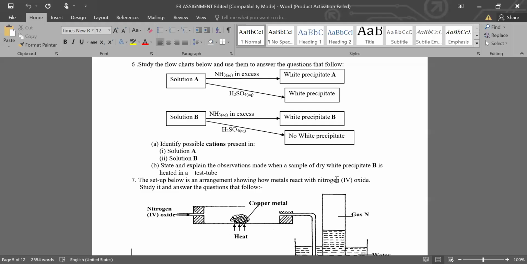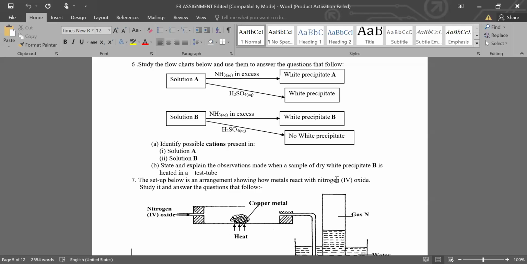Now, to help us identify which one amongst the four, there is another test that is done, putting dilute sulfuric acid. To help us eliminate the others, we'll be left with one answer.